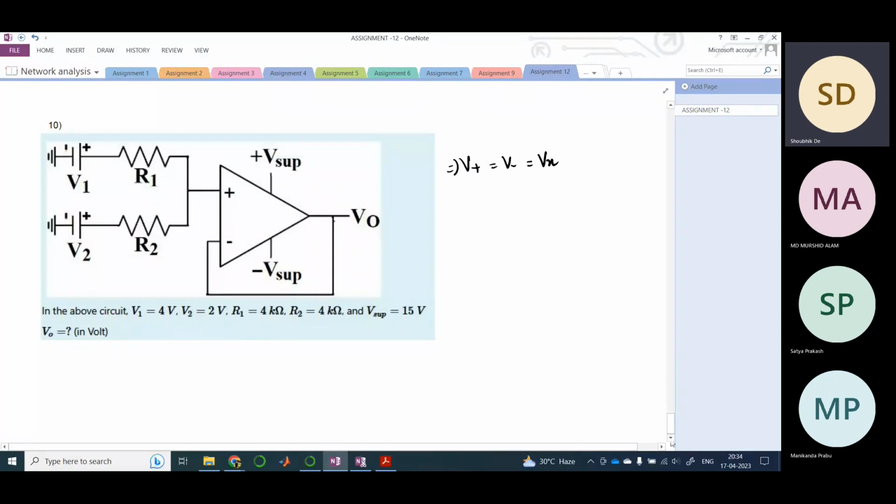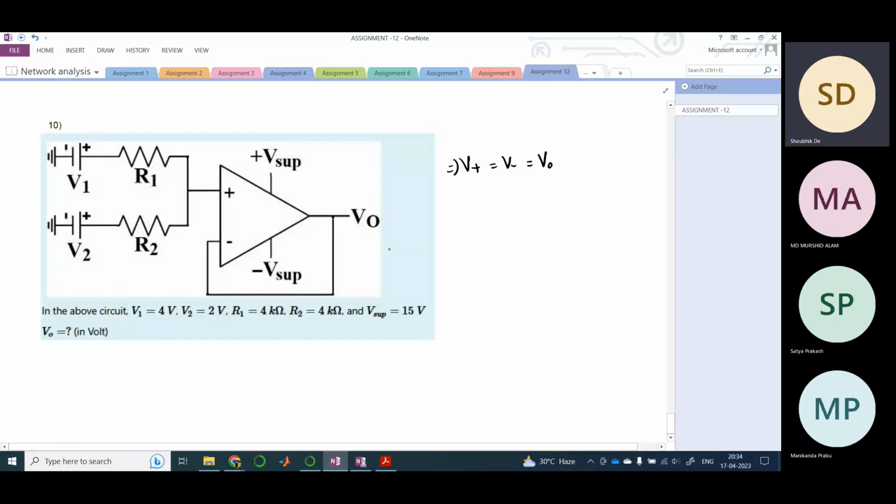Since these are short paths, the polarity at the inverting terminal would be equal to V0, and since this is an ideal op amp, the polarity at V plus and V minus are same. Therefore, this would be V0.